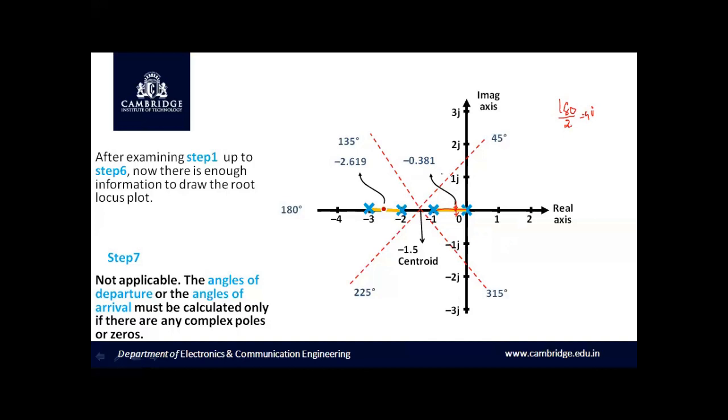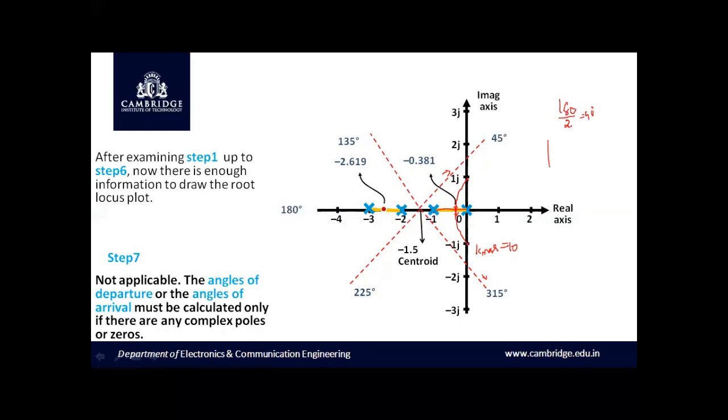As the angle of asymptote is at 45 degree as well as 315 degree, this branch, once k increases, will reach the imaginary axis at k is equal to 10. We call it the marginally stable state and we can mark it as k margin equals to 10.